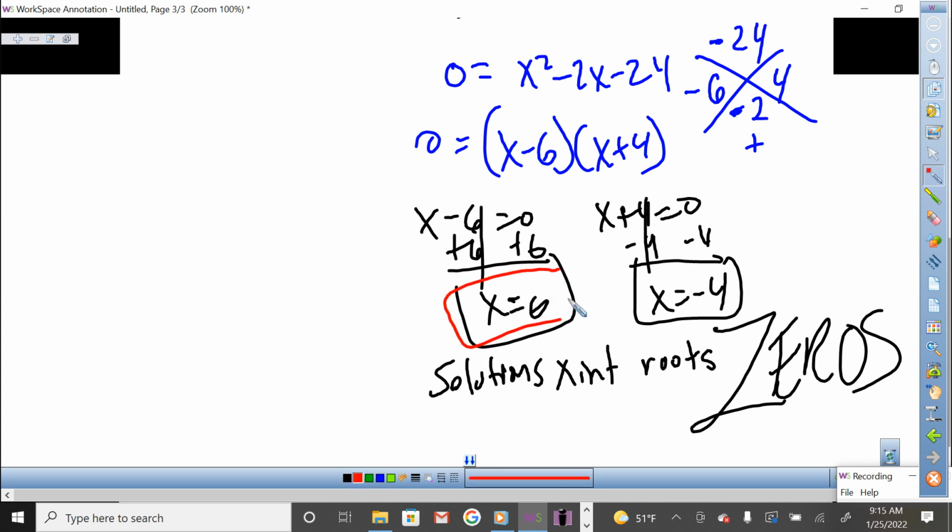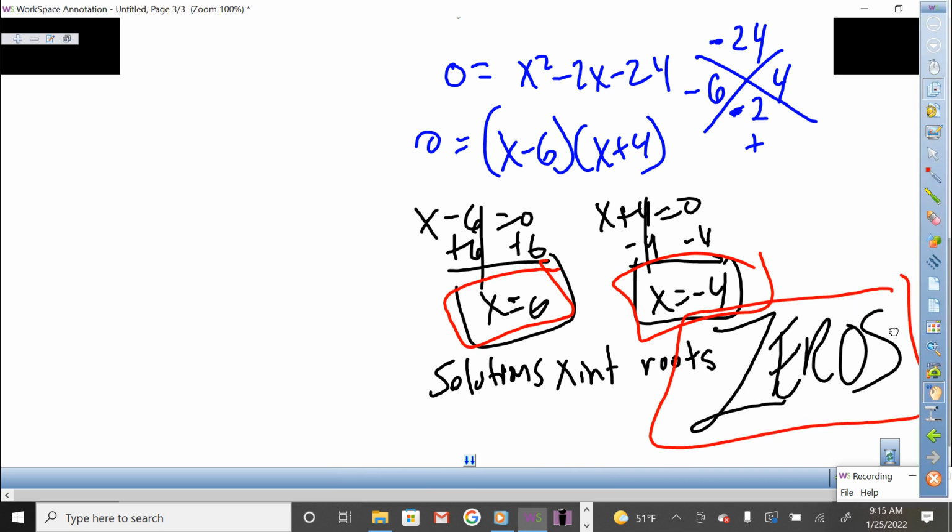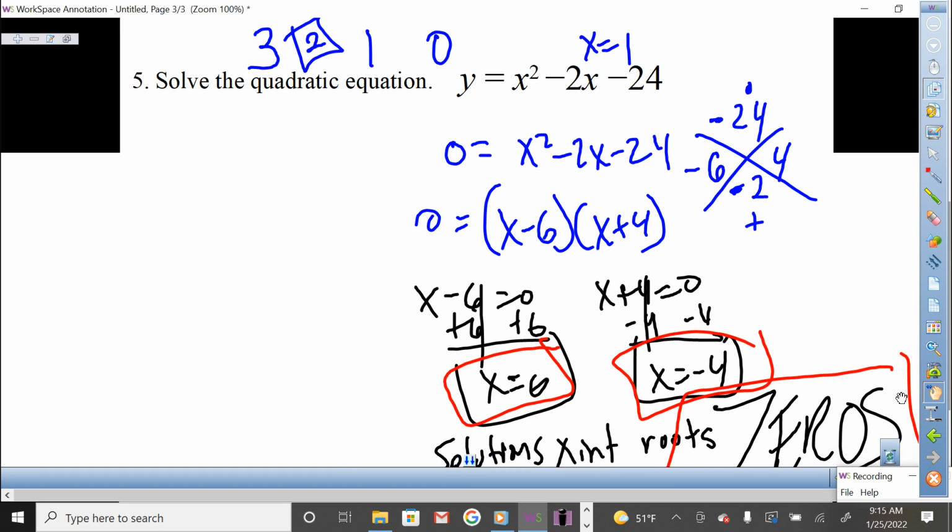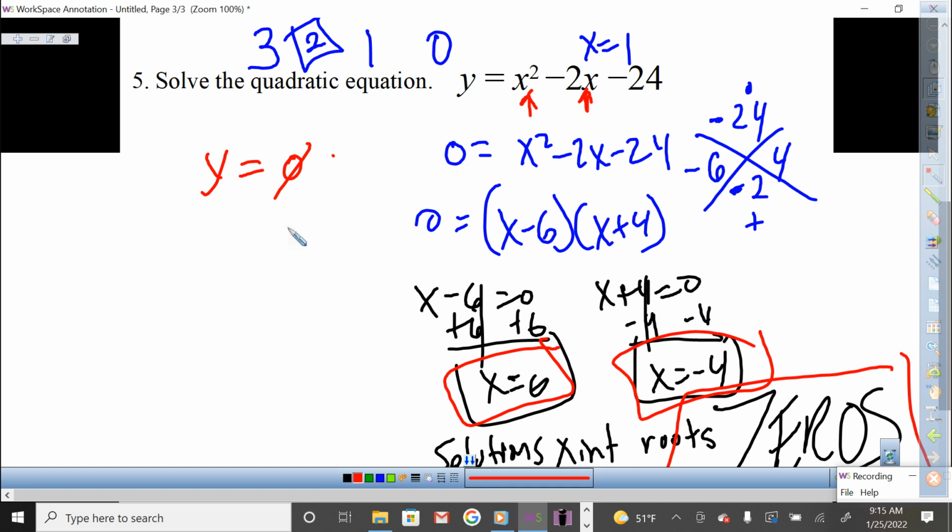Oh my goodness. Tell your neighbor why they are called zeros. Yeah, because when we substitute any of those numbers in here, at the end we end up with y equal to 0. That's why they're called zeros.